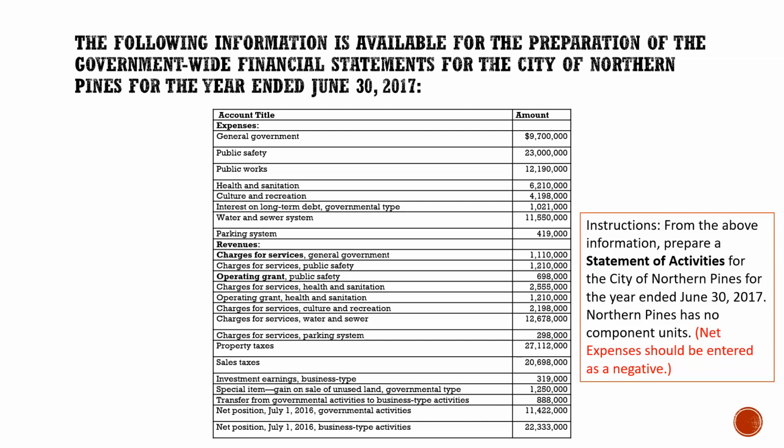You can see it tells us our expenses, it's going to tell us revenues, and we're going to prepare a statement of activities for the city of Northern Pines. They tell us in the fact pattern that they have no component units, so we don't have to worry about that. But one thing you should be aware of, and this is just a general note for your Connect problems, you are going to have some negative numbers in here, specifically the net expenses should be entered as negative numbers.